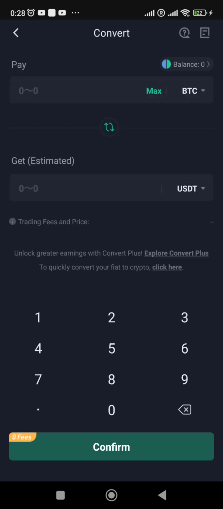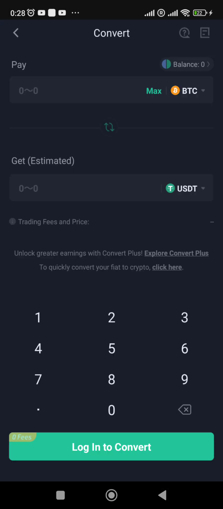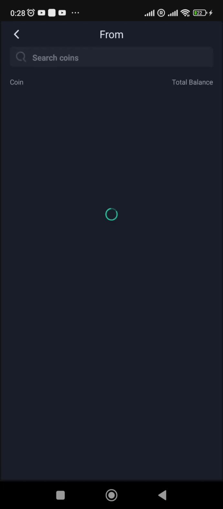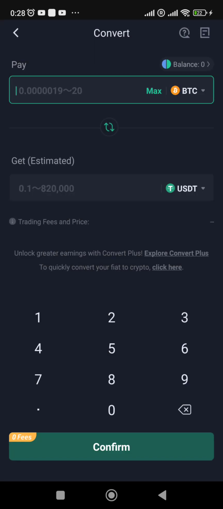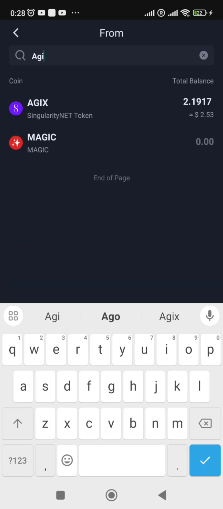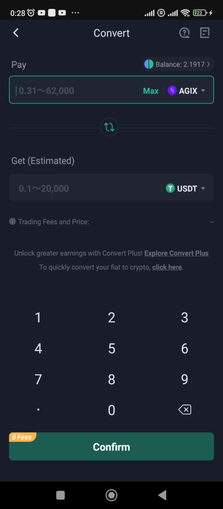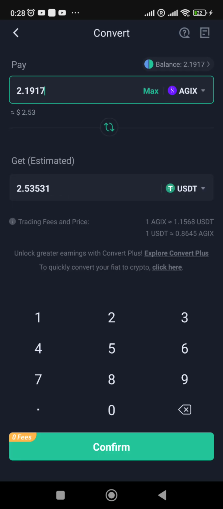You simply go up here and click on convert. You see that? Then click on BTC and change it to AJIX. Type AJIX and click on it. Click on maximum. It will bring out everything.